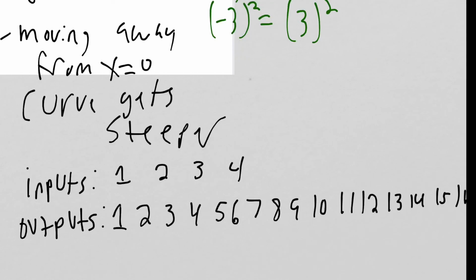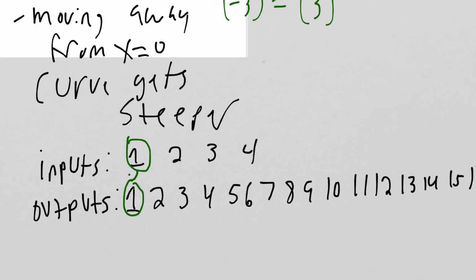Okay, so let's start with input 1. Where does input 1 go? Well, 1 squared is equal to 1. Input 2, where does that go? Well, 2 squared is 4.